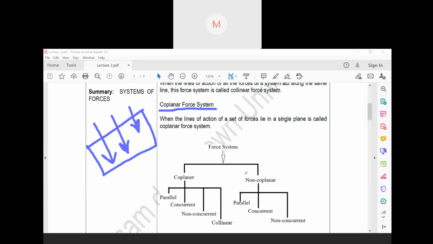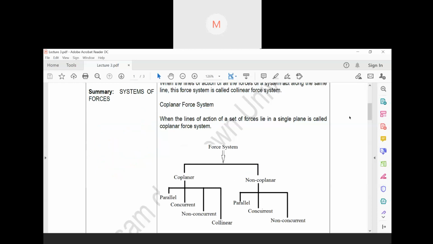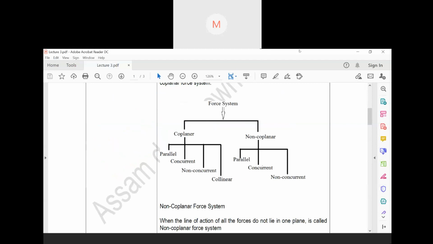Okay, now coming to non-coplanar force system. What does non-coplanar force system mean? Now let us look at this. Now suppose this is one plane. You understand what this plane means now, everyone?